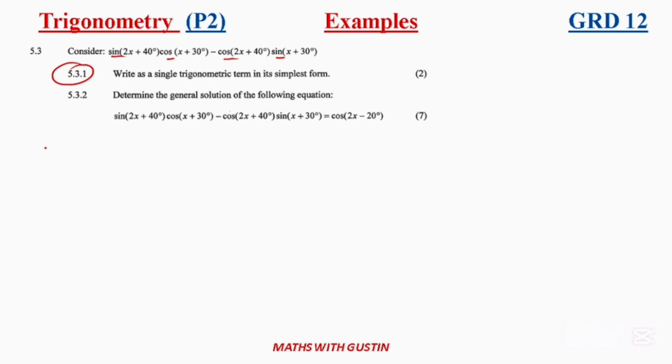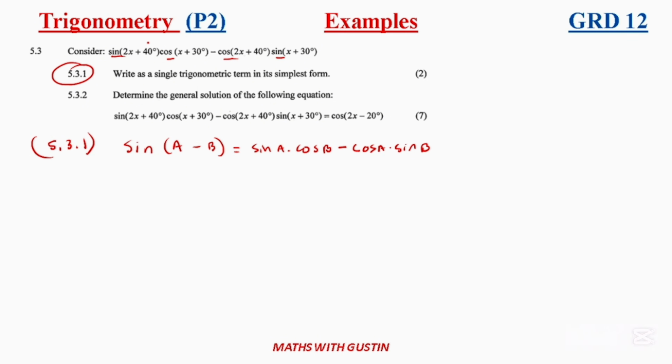From compound angles we know that if we have a sine and a cos, this thing probably started as this, then it continued to become sine A cos B minus cos A sine B.